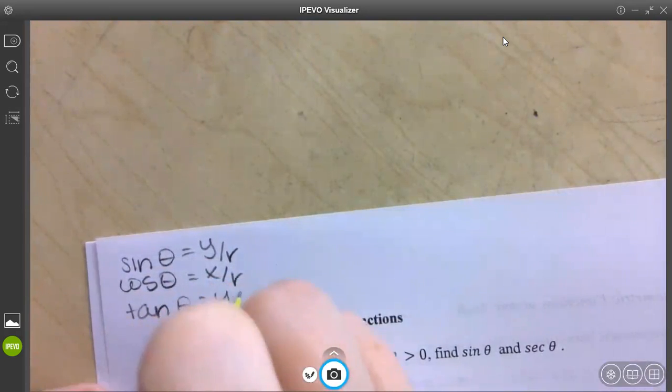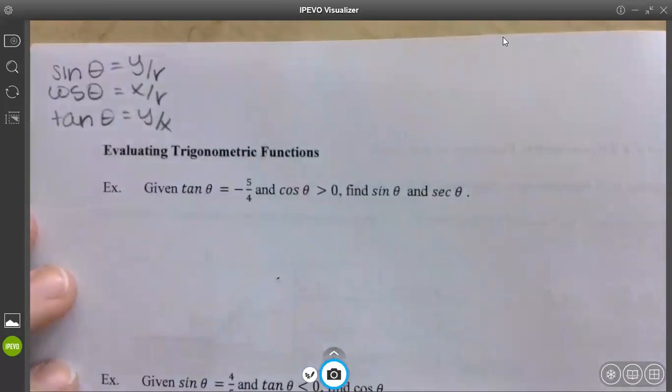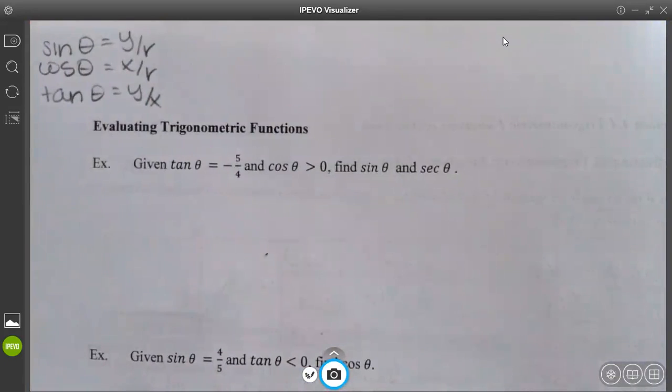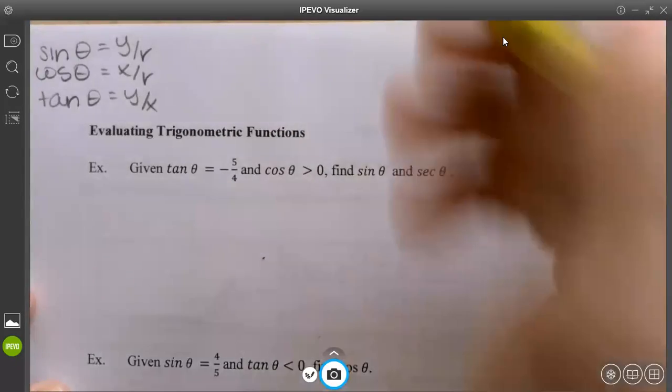And tan theta is y over x. And then I'm going to make one more thing for you that'll help you out. You need to know these. You can derive them and that is fine, but it's easier if you just go ahead and memorize it.